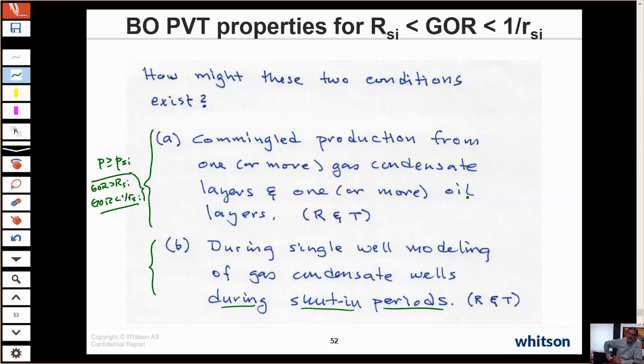So there can be a negative compressibility issue, because for checking the negative compressibility, what it does is extrapolate the saturated properties from 2,000 to 12,000, and at all pressure points it will check for negative compressibility. Then there will be an issue of negative compressibility, but it won't affect anything.